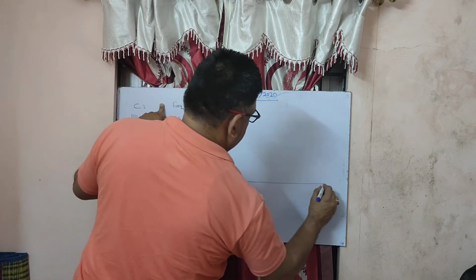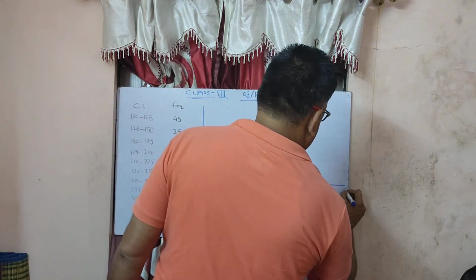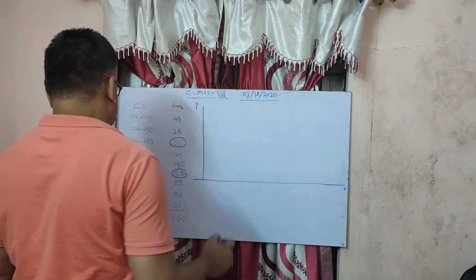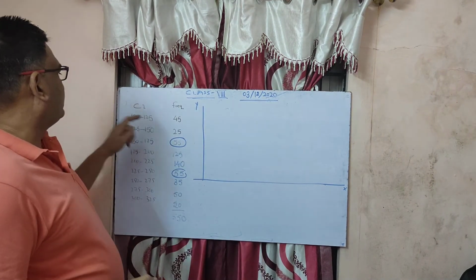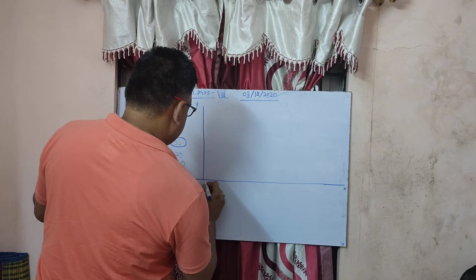Now this is the x and this is the y axis. Now what is this? 100 to 125. Let us start from 0 here.